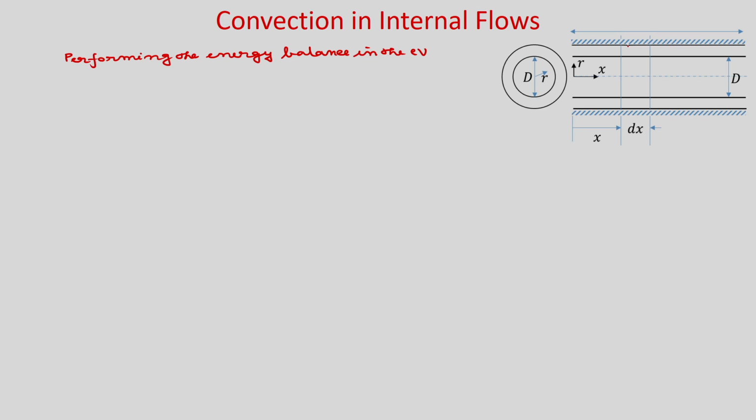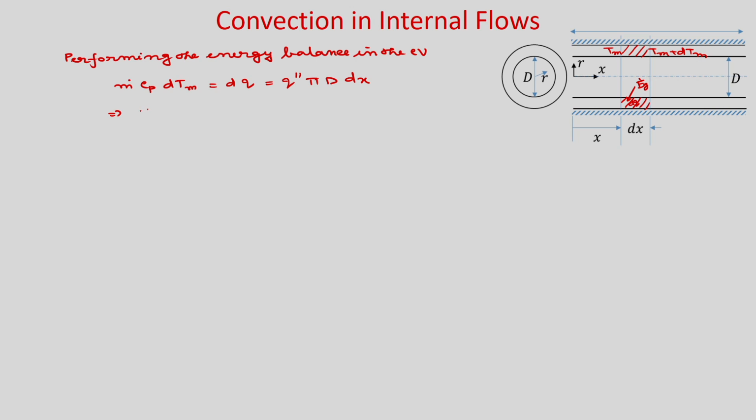So, this is the control volume. Whatever E dot G is generated, dq is taken by the fluid. So, you will get m dot Cp dTm, where dTm is the change in the mean temperature. So, m dot Cp dTm is equal to dq, and dq is nothing but q double prime pi d into dx.